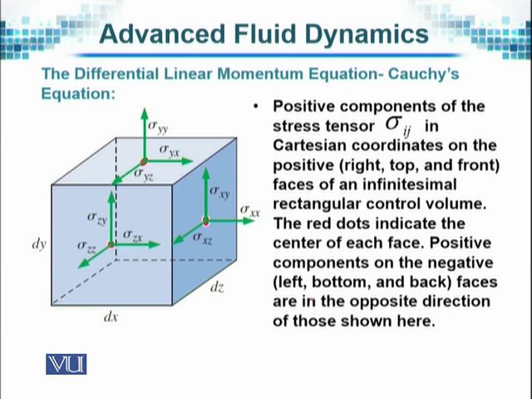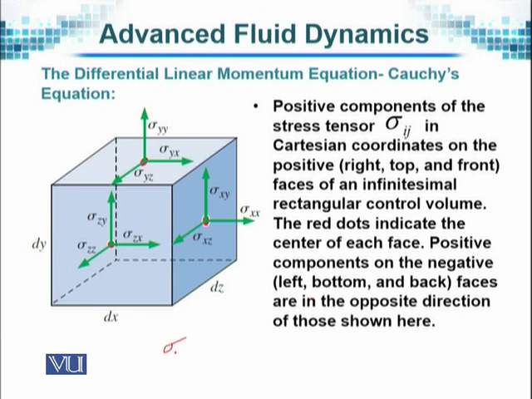So if we consider a small control volume, then we see that for the positive components of the stress tensor sigma ij, it reflects 9 components of stress in the ij direction, where i runs from 1 to 3 and j also runs from 1 to 3.